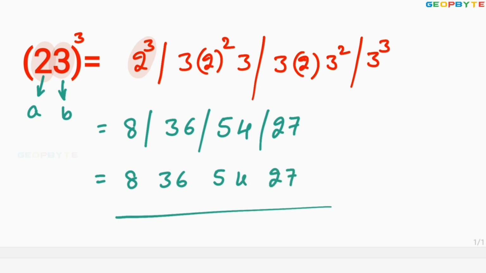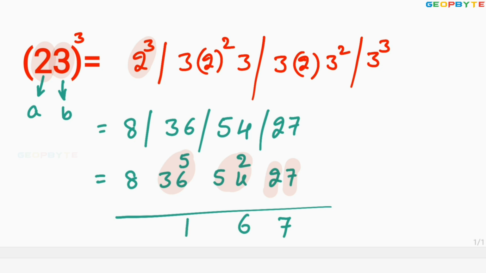You write the 7 here and the 2 is carry forward. Add 54 and 2, 56. Write 6 here, 5 carry forward. Add 5 with 36, 41.